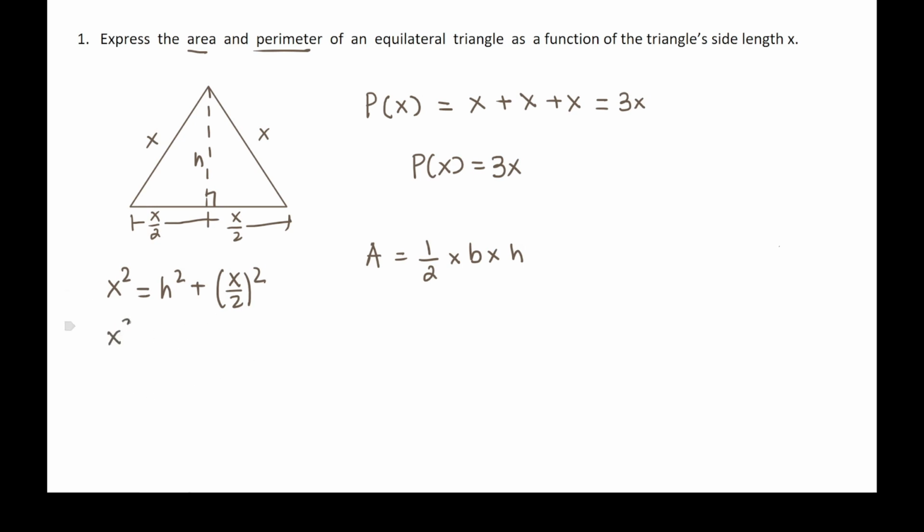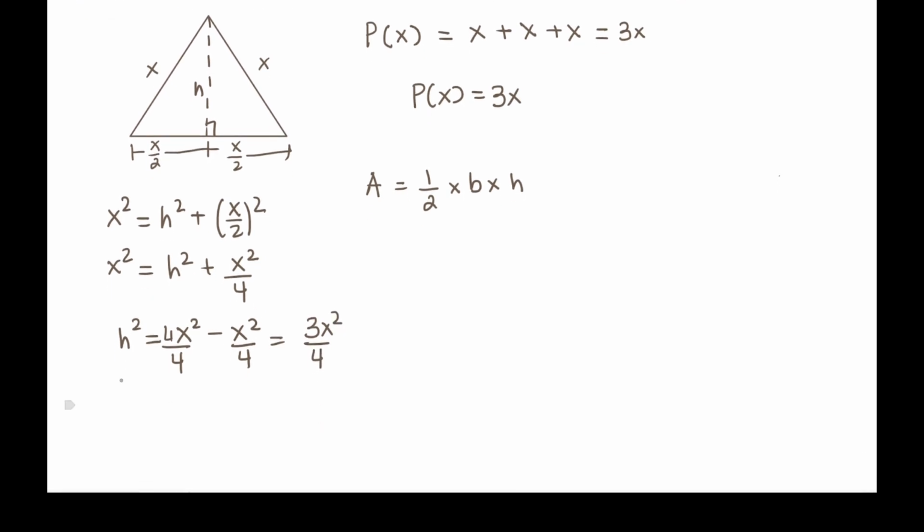So we can simplify this as x squared equals the height squared plus x squared over 4. And then isolate the height term, which would give us x squared minus x squared over 4. And we can write this as 4x squared over 4 minus x squared over 4. And this would give us 3x squared over 4. And then we square root both sides.